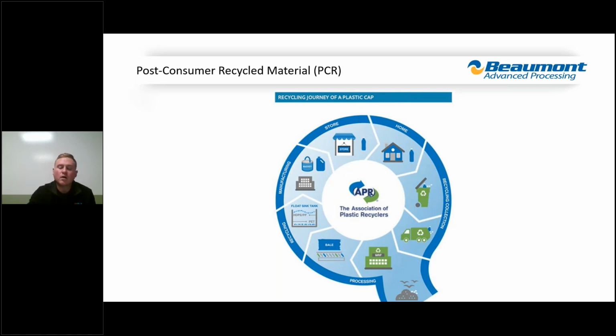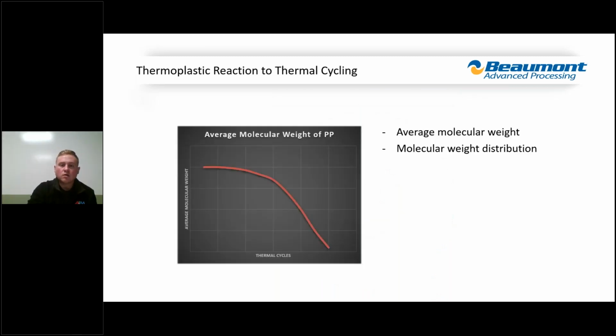So going on from there, also what happens when you reprocess a material? When reprocessing a thermoplastic material, the graph on the left is just a relative average molecular weight versus thermocycles for polypropylene. Every time you thermally cycle these materials, they lose some degree of molecular weight.